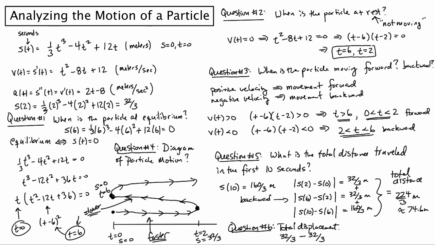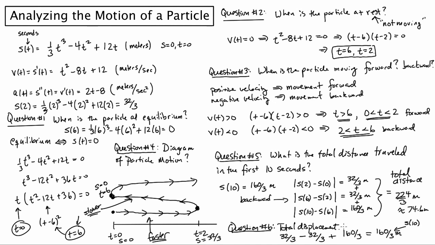We're back at a position of 0. And then for the third leg here, we add on another 160/3. And so the total there is 160/3 meters, which corresponds precisely to s of 10. This is nothing more than s of 10. So the question is, how do we find displacement?